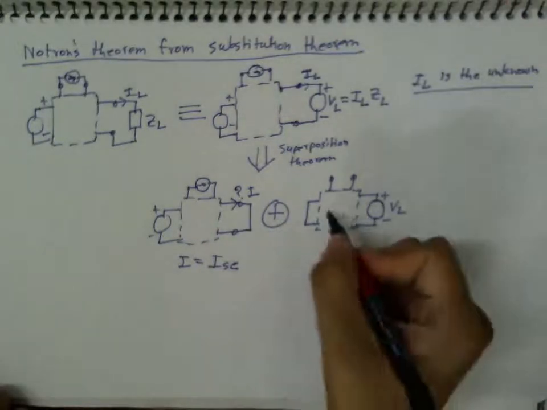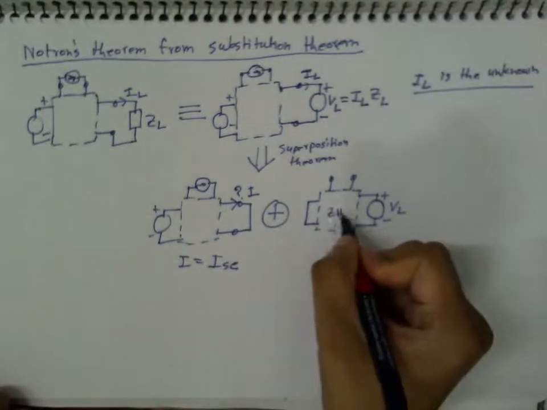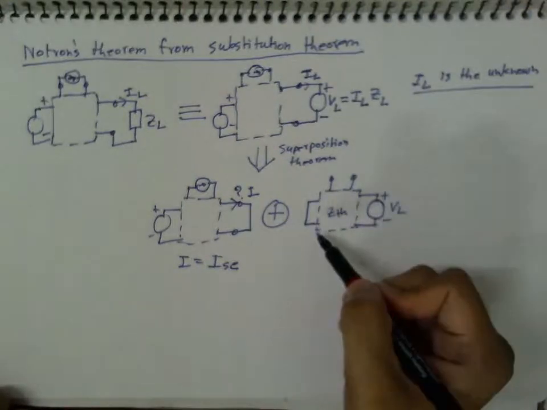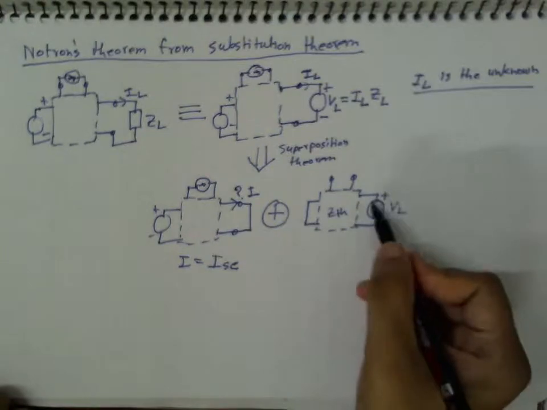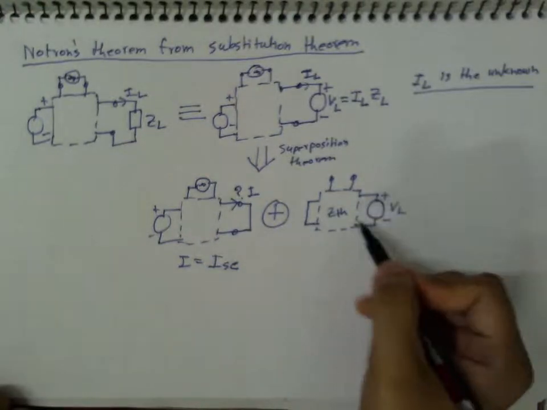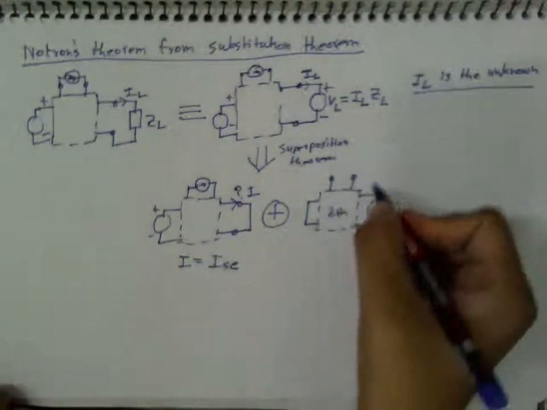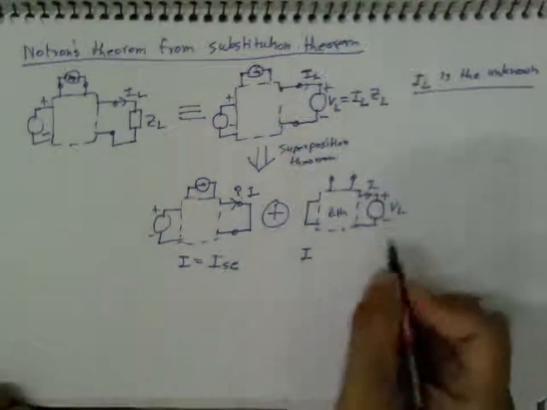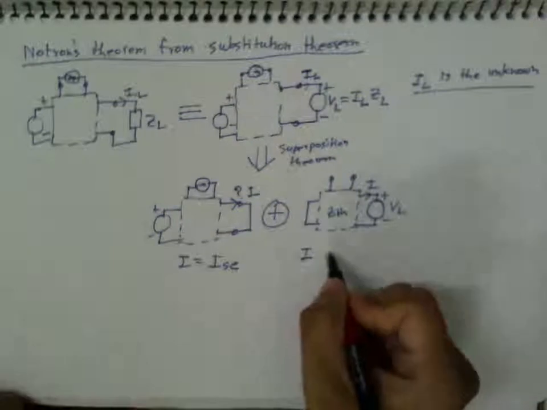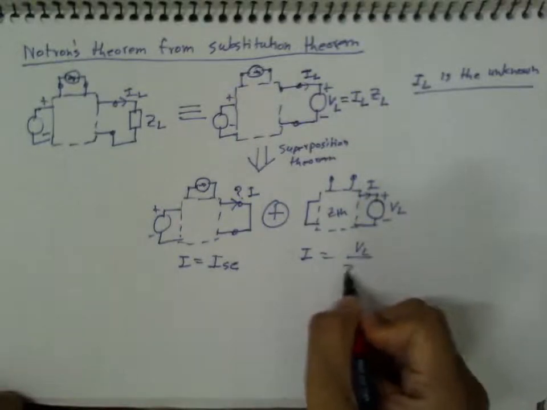Okay, so if the internal impedance of this network is ZTH, then when this voltage VL is applied, what should be the current flowing here? This current I, what should be I? So I should be nothing but VL by ZTH.